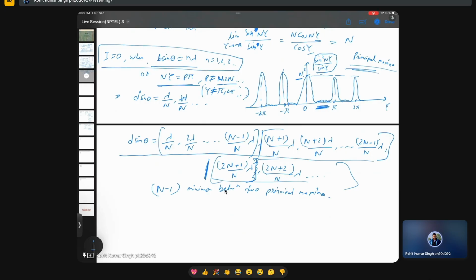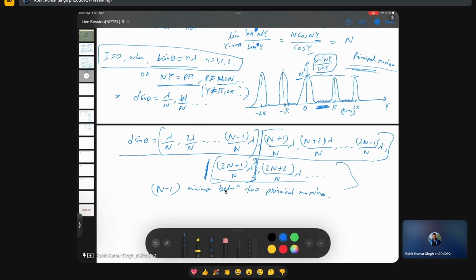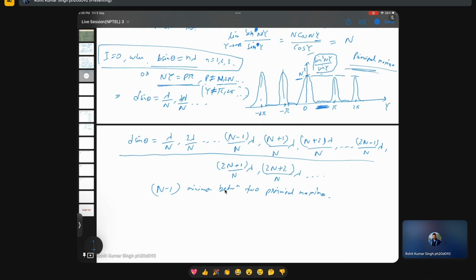Then you have a principal maxima, then n minus 1 minima in between, and then the principal maxima, and so on. So that's how you have to understand it. Is this fine? Okay, thank you.